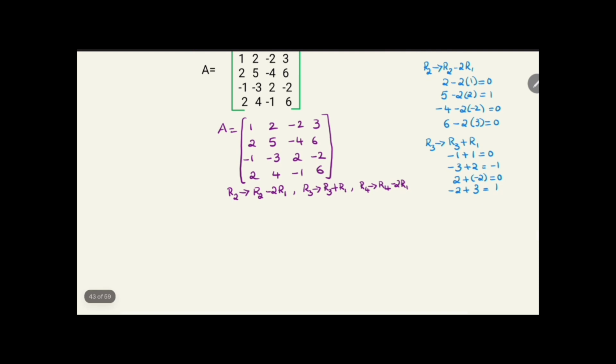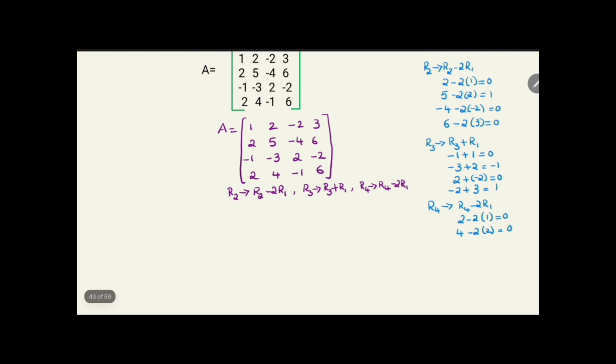Next, what is the third operation we have taken here? R4 implies R4 minus 2R1. The first element of R4 is 2 minus 2 into the first element of R1, which is 1. So 2 minus 2 is 0. The second element of R4 is 4 minus 2 into 2. 4 minus 4 is 0.